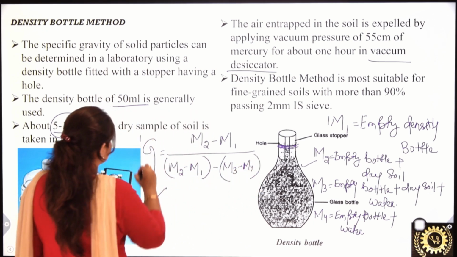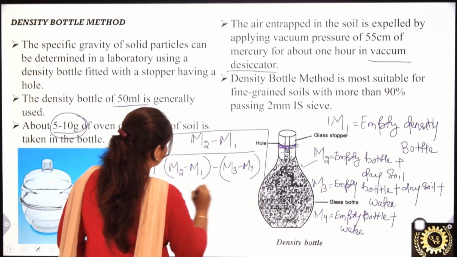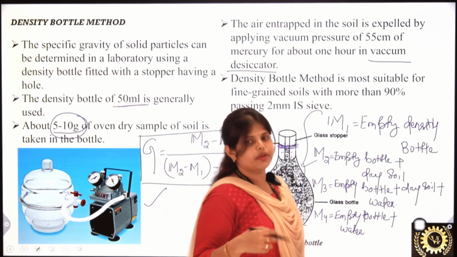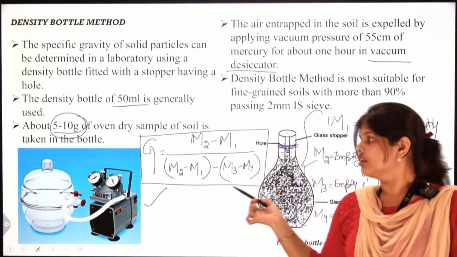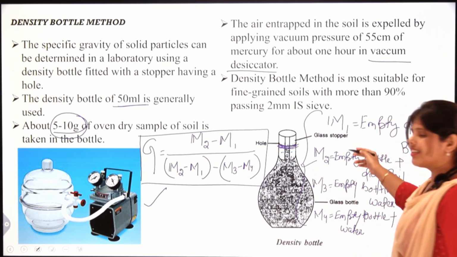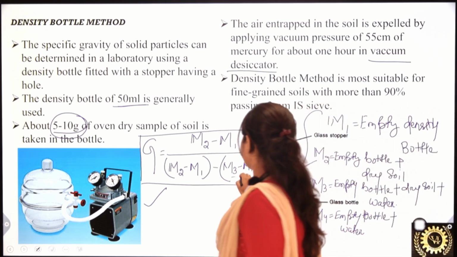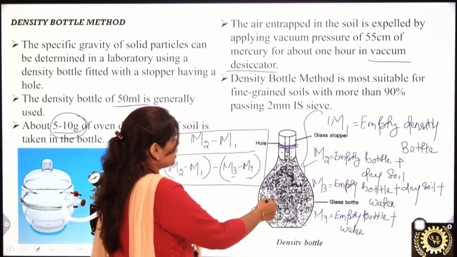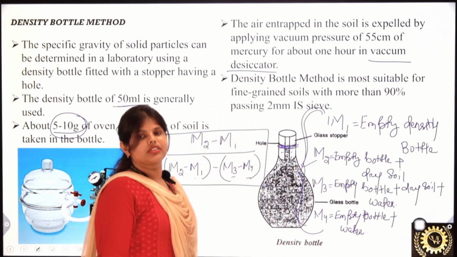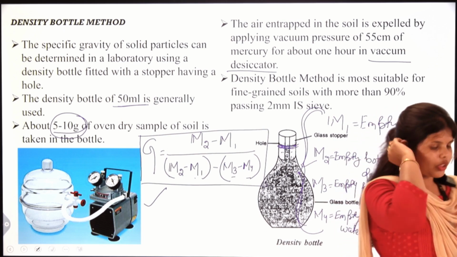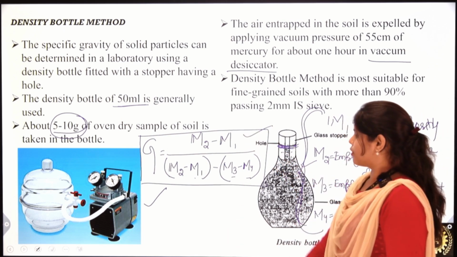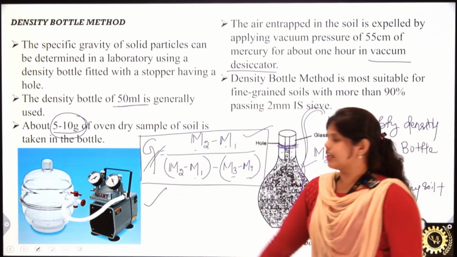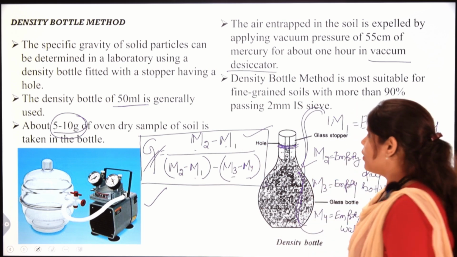If we know what M1, M2, M3, M4 are, we can easily remember the formula. If we don't, we will forget what values to put where. So we need to understand how these terms are obtained. After getting the formula, we put in the values and get our specific gravity value.